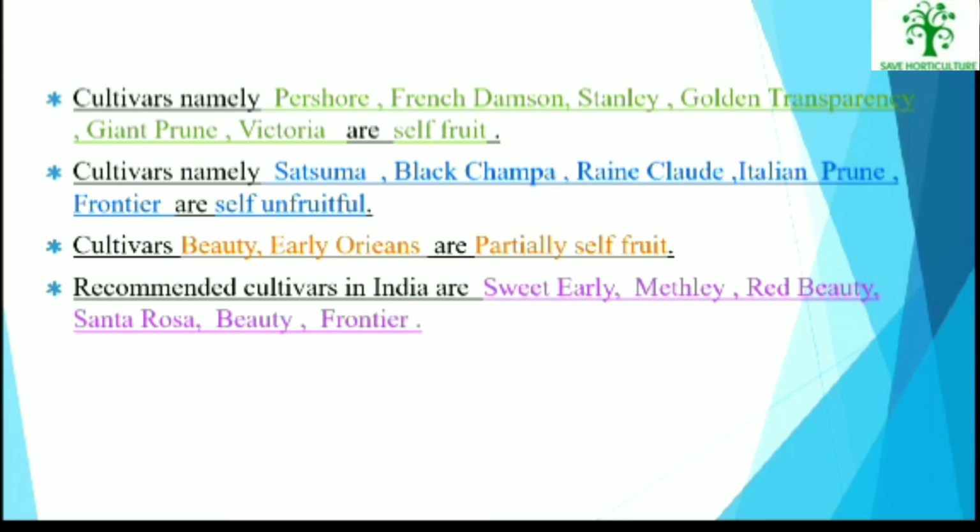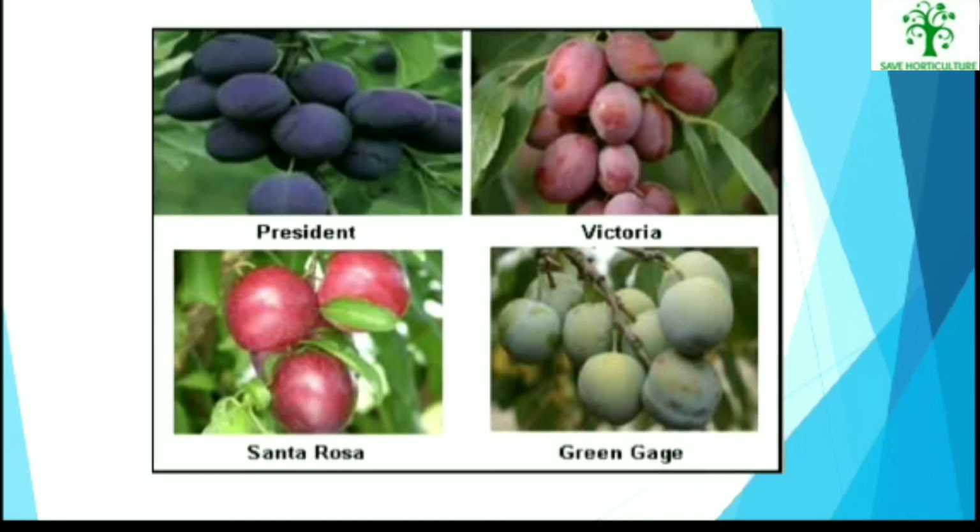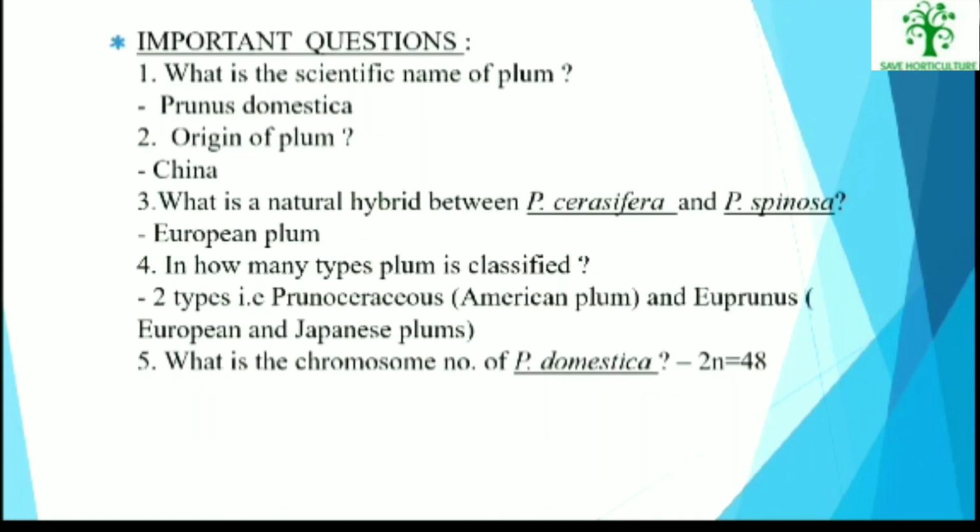Cultivars namely Beauty, Early Orient are partially self-fruitful. Recommended cultivars in India are Sweet Early, Methley, Red Beauty, Santa Rosa, Beauty, Frontier. Here are the pictures of the various cultivars: President, Victoria, Santa Rosa, Green Gage.